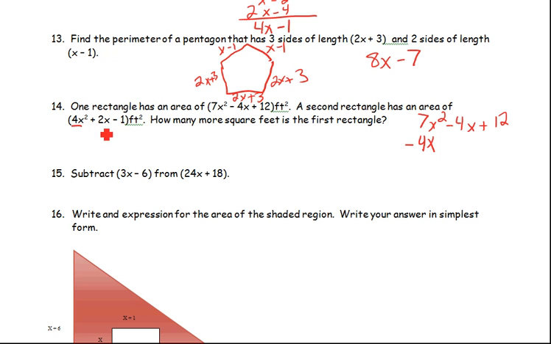The positive 2x becomes a negative 2x. And then the minus 1 becomes a plus 1. Now I can add. 7x squared minus 4x squared gives me 3x squared. A negative 4x and a negative 2x, when you add them together, give you a negative 6x. And then a 12 and a 1 gives you 13.